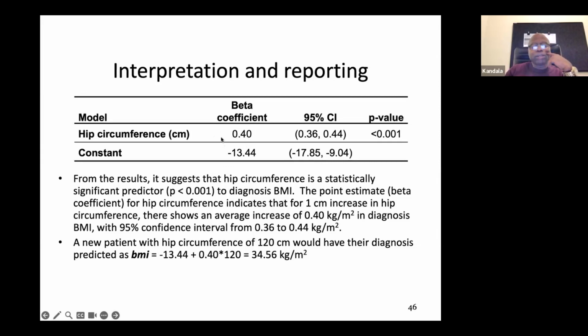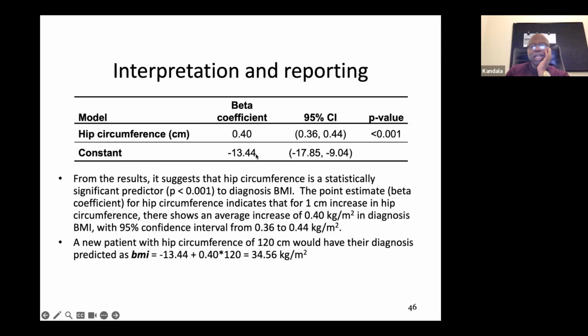Your estimate of 0.40, you can include the 95% confidence interval, that this varies as low as 0.36 and as high as 0.44. And it is statistically significant, judging by the confidence interval or judging by the p-value.